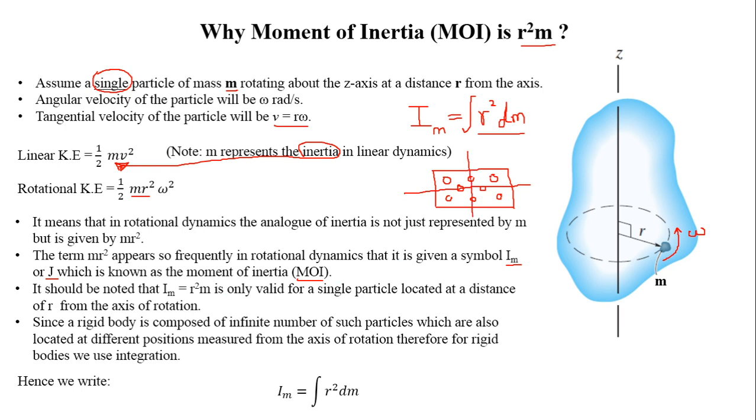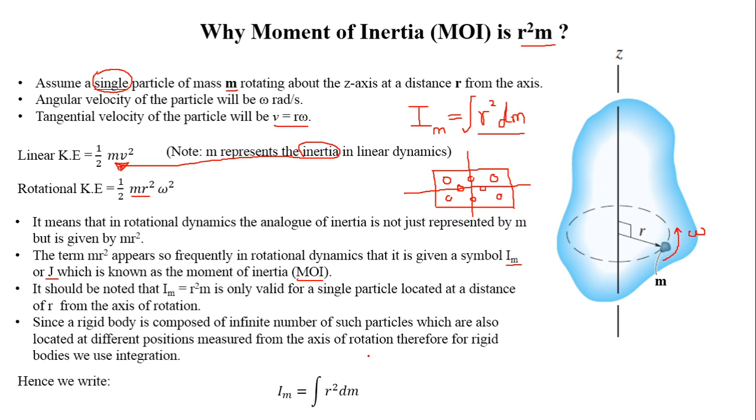Since there are infinite particles in a rigid body, we have to use integration to calculate the moment of inertia, so we apply integration over r square dm.